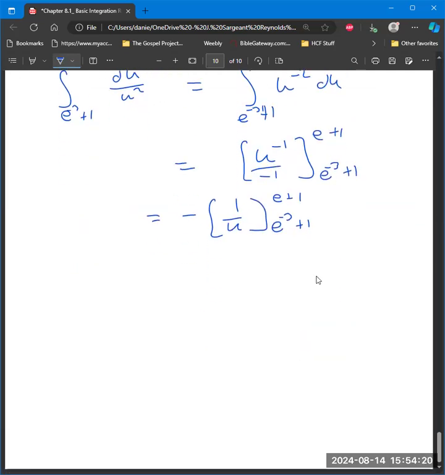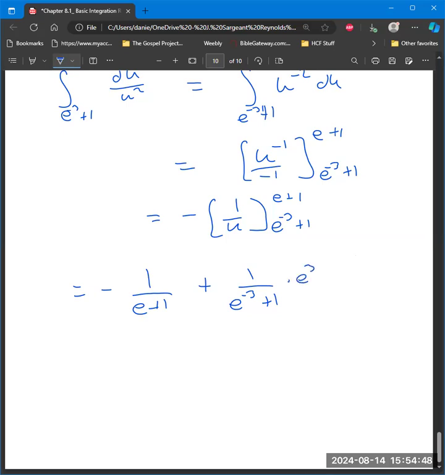Like so. It's going to be a negative 1 over e plus 1 plus 1 over e to the negative third plus 1. And we can do some fancy factoring in a second.